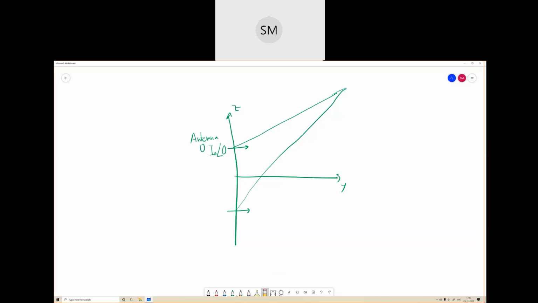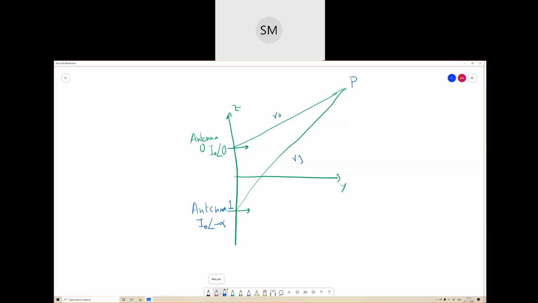Second antenna, antenna 1. This is I0 with phase minus alpha radians. P is the point of observation. This distance is R0. This distance is R1.